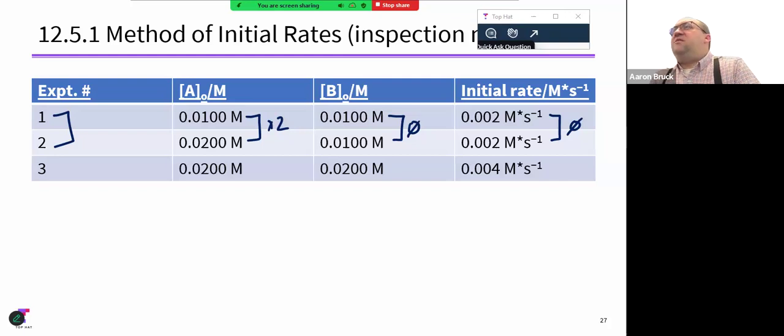So what does that tell us about the order of A, since its concentration did not have an impact on rate? Yeah, it's 0 order. And so in the A column here, I'm going to write 0.